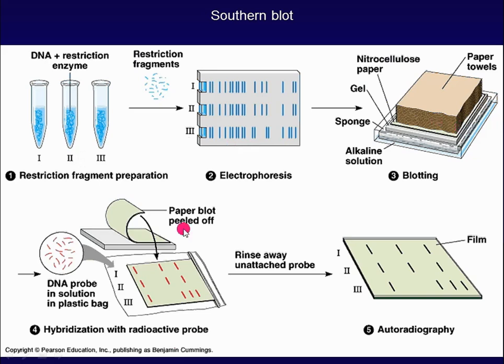The filter is treated with alkali to denature DNA. Resulting single-strand DNA binds to the filter. Add the labeled DNA probe to the filter. Hybridization begins. Rinse away unbound probe. Use an X-ray film to detect bands.